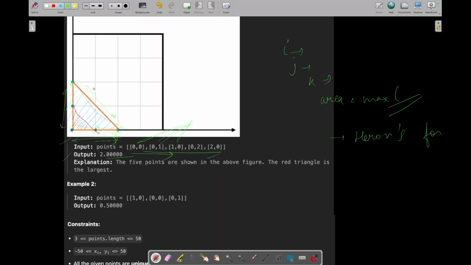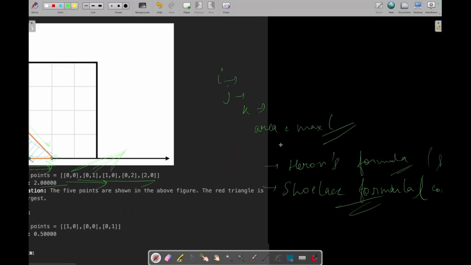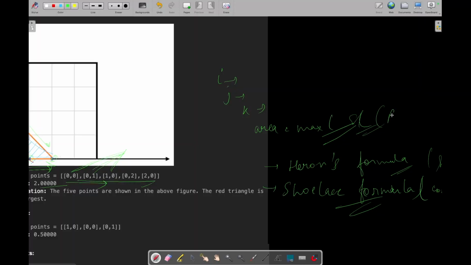That should also be fine, but there is one more formula which depends on the coordinates of your triangle, which is the shoelace formula, and it also returns you the area of a triangle. So you can apply the shoelace formula here, and let's say P, Q, R are your 3 coordinates, and you can get the area of your triangle with this shoelace formula and maximize your area for each combination of your coordinates, right?